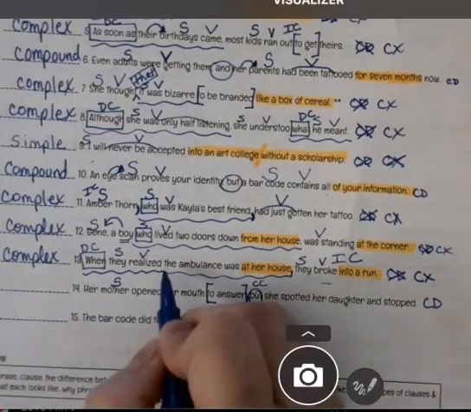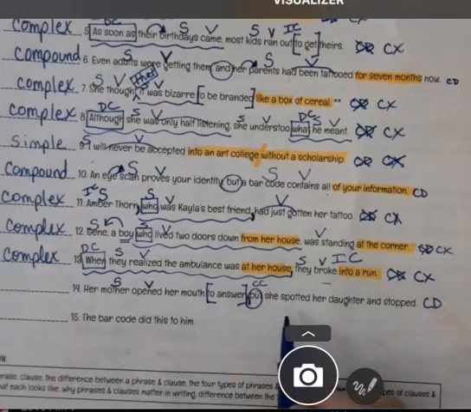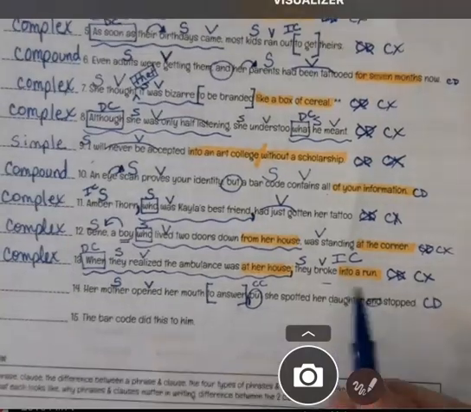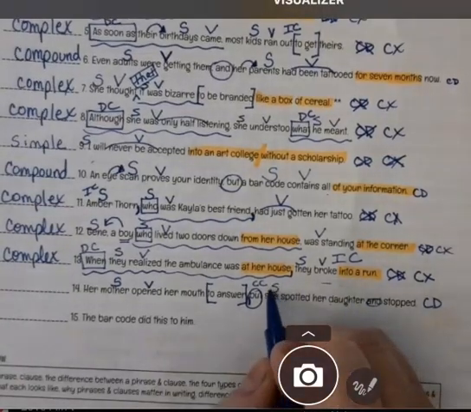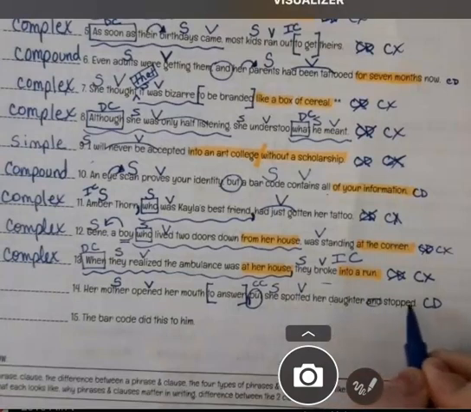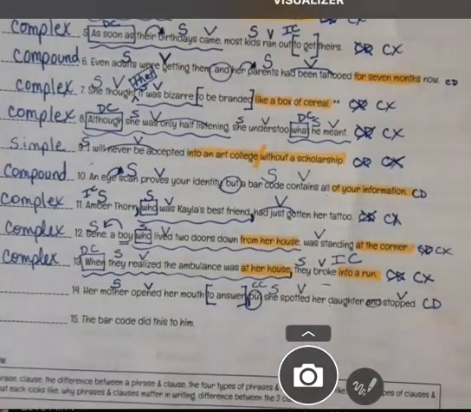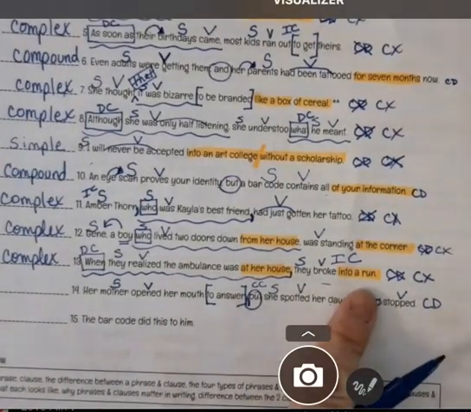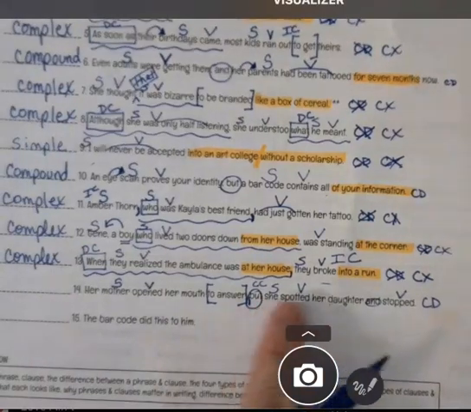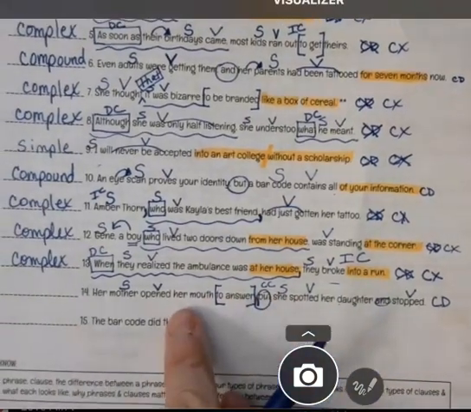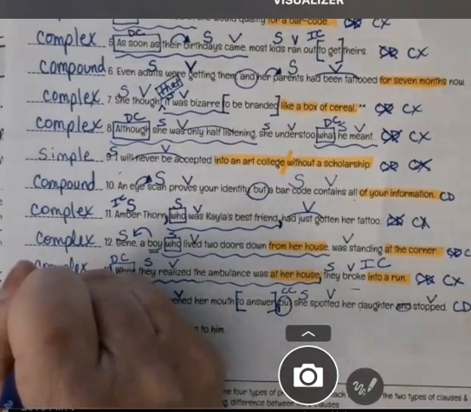And what did she do? She opened. On the other side, it says she spotted her daughter and stopped. Now, I do see another coordinating conjunction, but there's no comma with it. The subject here is she, spotted and stopped. So there are two verbs here, but there's not a subject and a verb on that side. But on this comma but, we've got a subject and a verb and a subject and a verb. So this is compound.